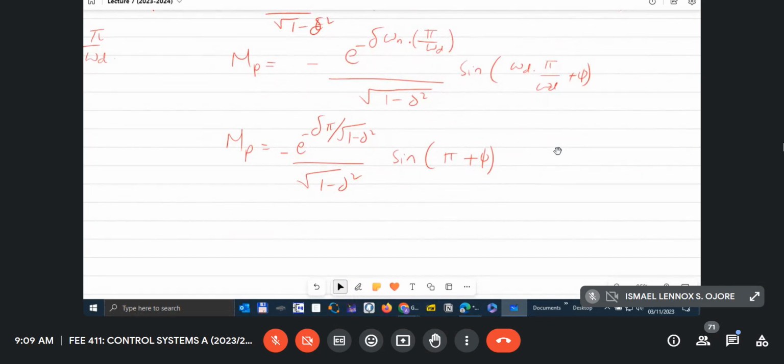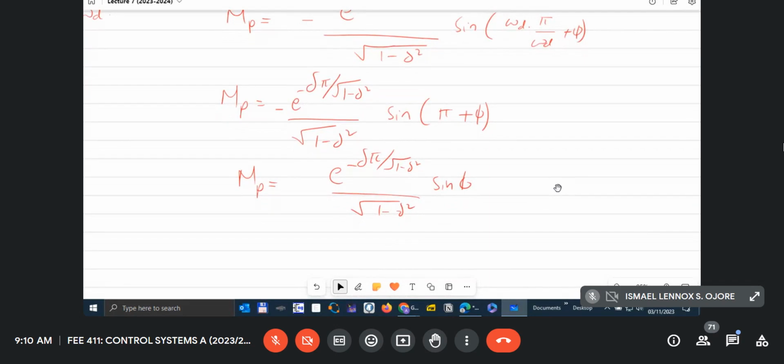If that is the case, then this minus will go out, and we remain with sine phi.